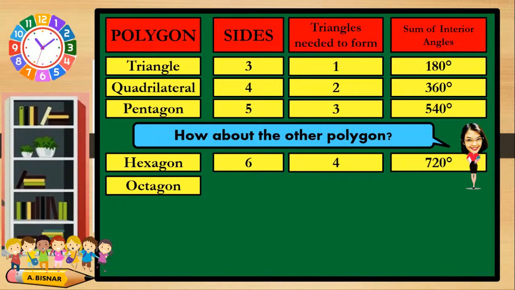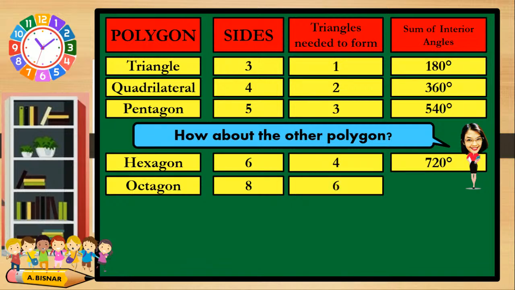Let's try to check octagon. Ang octagon ba ay 7 sides? Please recheck your answers. Octagon. Kanina, di ba? We studied this. So, may nakita na ako dito na tama ang sagot. So, an octagon has 8 sides.